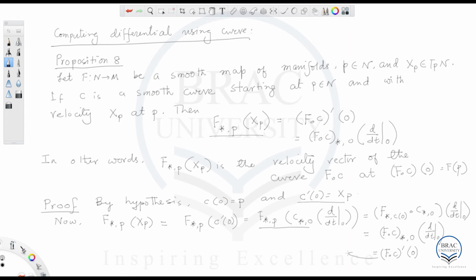So this is the velocity vector to the curve f composed with c in the manifold M at f of c of 0, which is equal to f of p in M. Okay, QED.